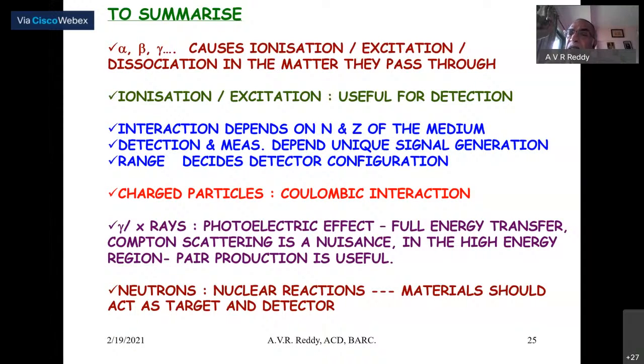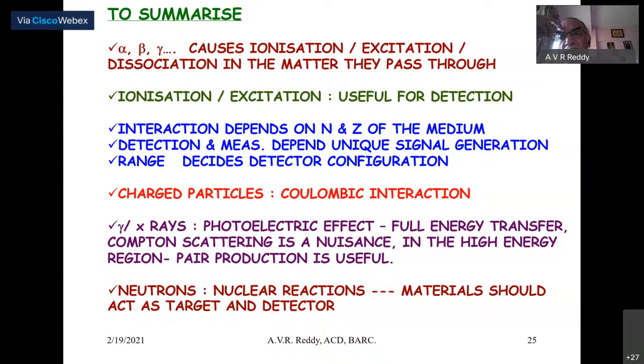Charged particles interact by Coulombic interaction, whereas interaction of gamma rays, X-rays, and neutrons, which do not have charge, is a two-step process. First, they have to be absorbed and transfer the energy. The second one is subsequently, if it produces a charged particle, for example, in the case of photons, it is electrons, and in the case of neutrons, charged particles, they act as the agents for the detection.